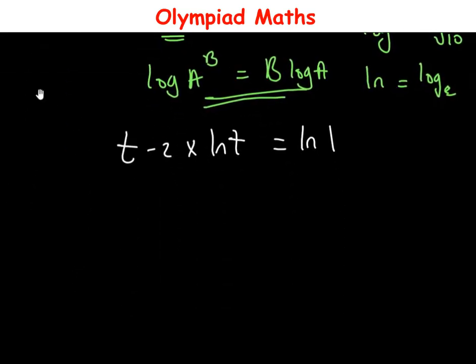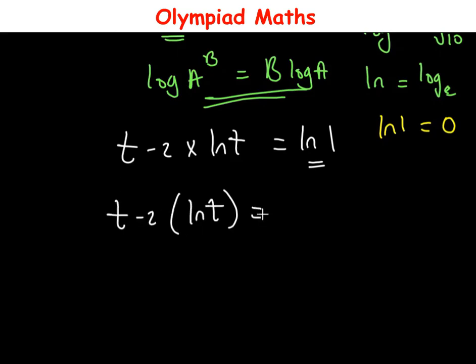And from here, the value of ln 1 is equal to 0. So that means the ln 1 right here will become 0. So t minus 2 multiplied by ln t is equal to 0, such that you can equate t minus 2 to 0 or ln t to 0.